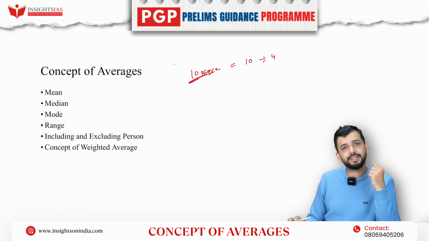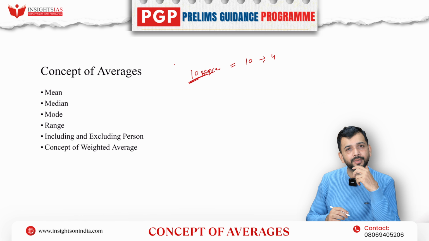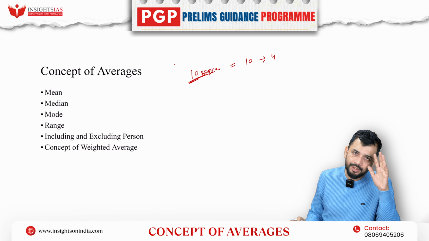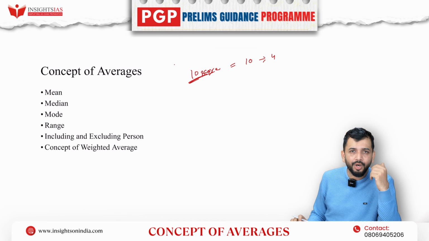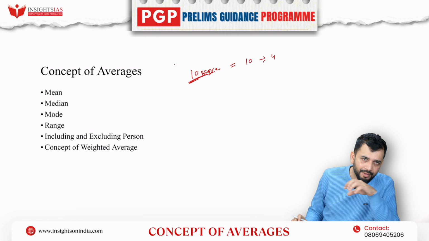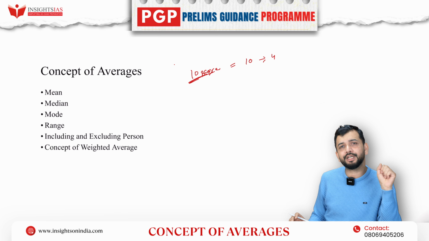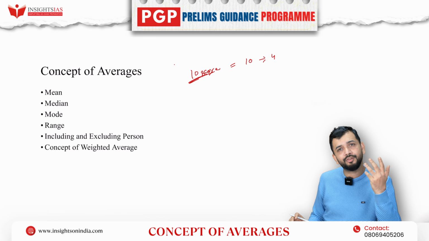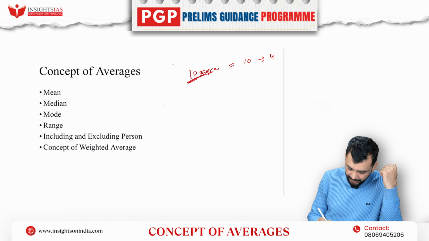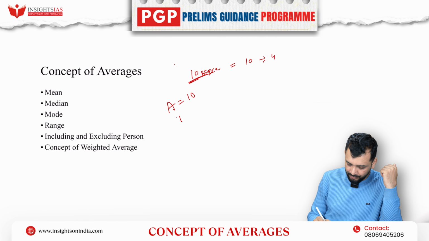So what do you have to understand here? Now in this kind of problem, you don't know his 4 individual scores. All you know is his average was 10. But what you are already knowing is, if the average is 10, and if I replace all the test scores by 10, still his total is not going to change, because they have given average 10 and total number of tests 4.